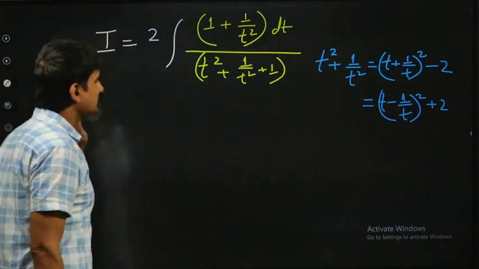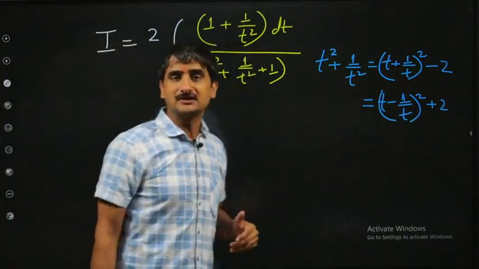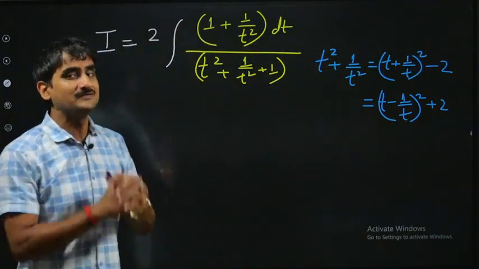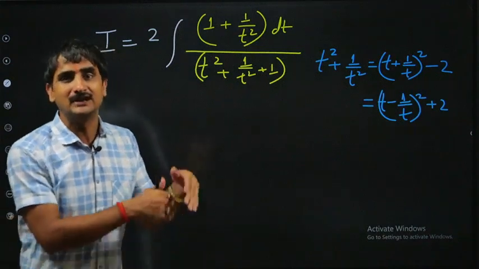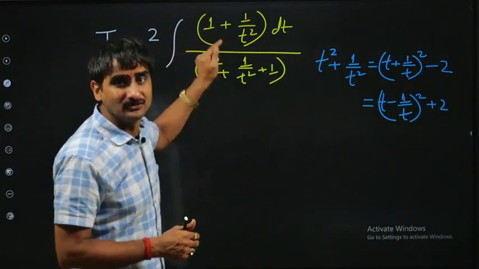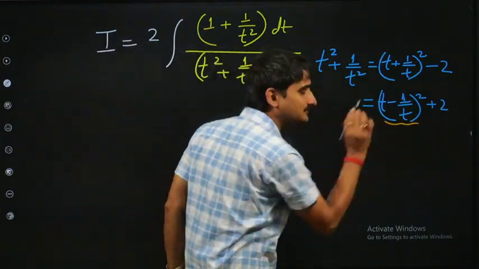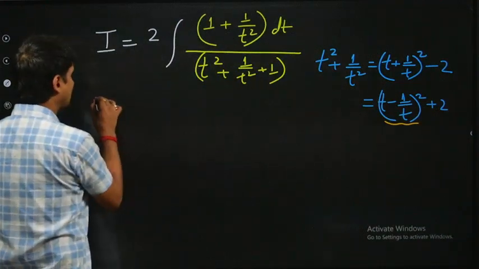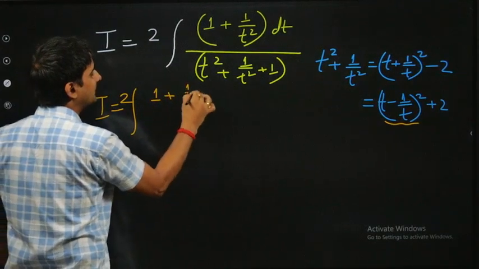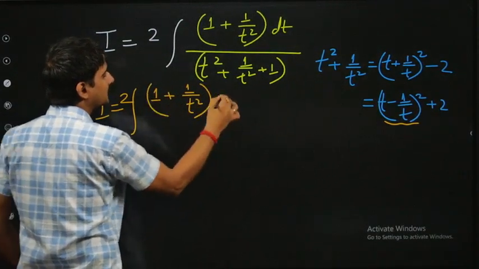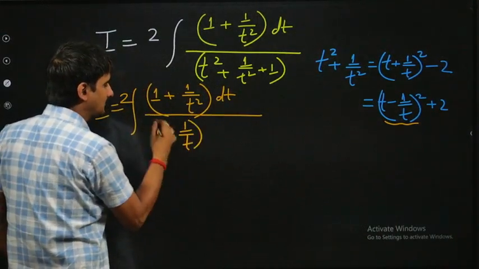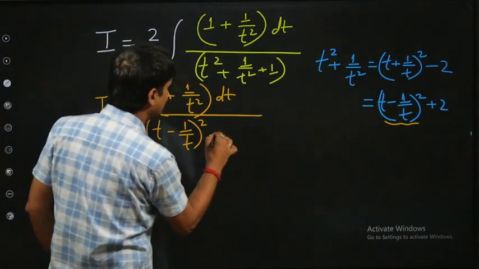Under the method of substitution, what we always try is to replace one expression by a variable such that its derivative we get along with it. Here it is 1 plus 1 by t square, and this is the derivative of this term. So that means I will write my integral as 2 times 1 plus 1 by t square dt over t minus 1 by t whole square plus 2 plus 1, which is plus 3.